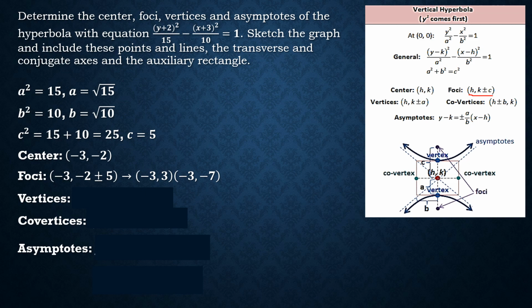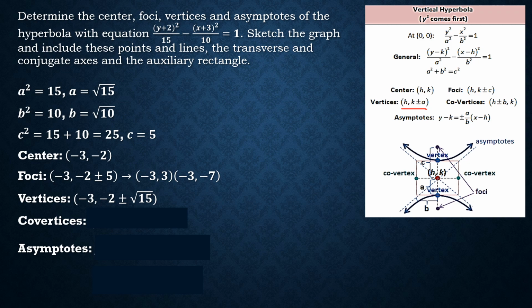For the vertices, the formula that we're going to use is h and then k plus minus a, and a is equal to square root of 15. Now, substituting all the values, we will get this one. So, we have negative 3 and negative 2 plus minus square root of 15. For the co-vertices, it's just simple.